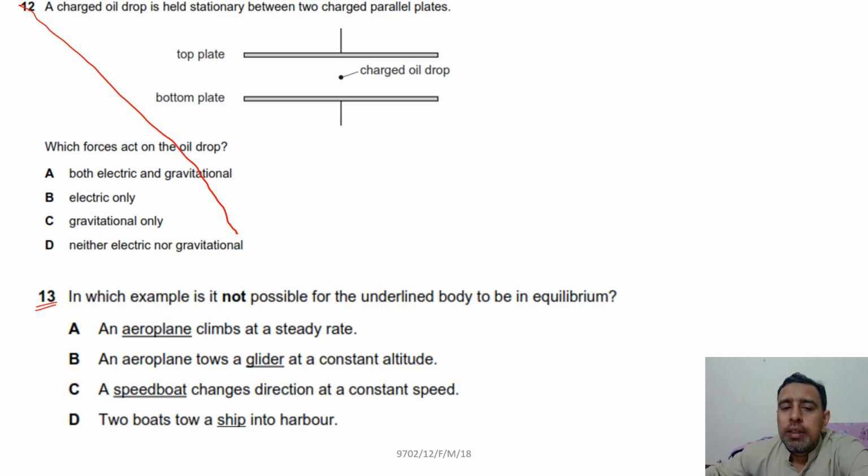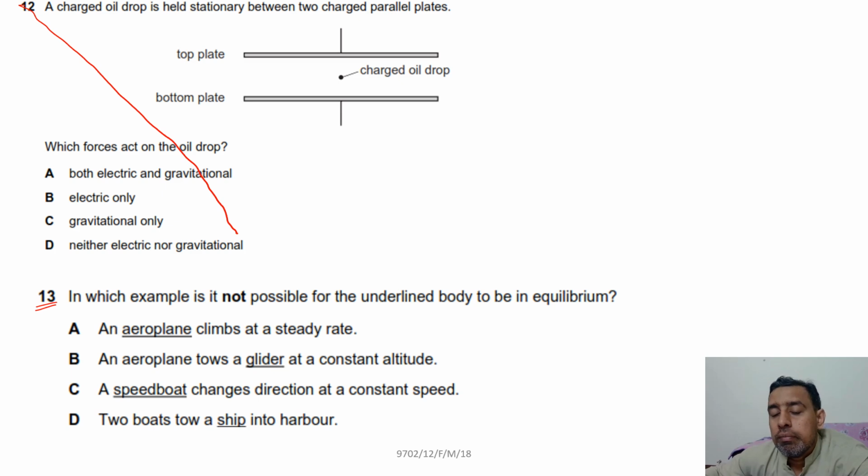For question number 13, in which example is it not possible for the body to be in equilibrium? An aeroplane climbs at a steady rate. Maybe it is in equilibrium, maybe the upward and downward forces, the backward and forward forces are balanced. An aeroplane tows a glider at a constant altitude.